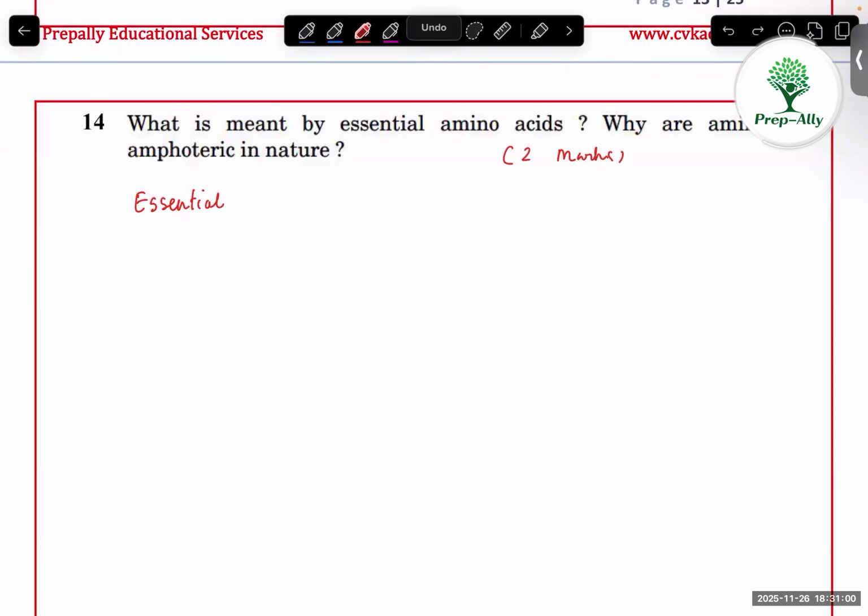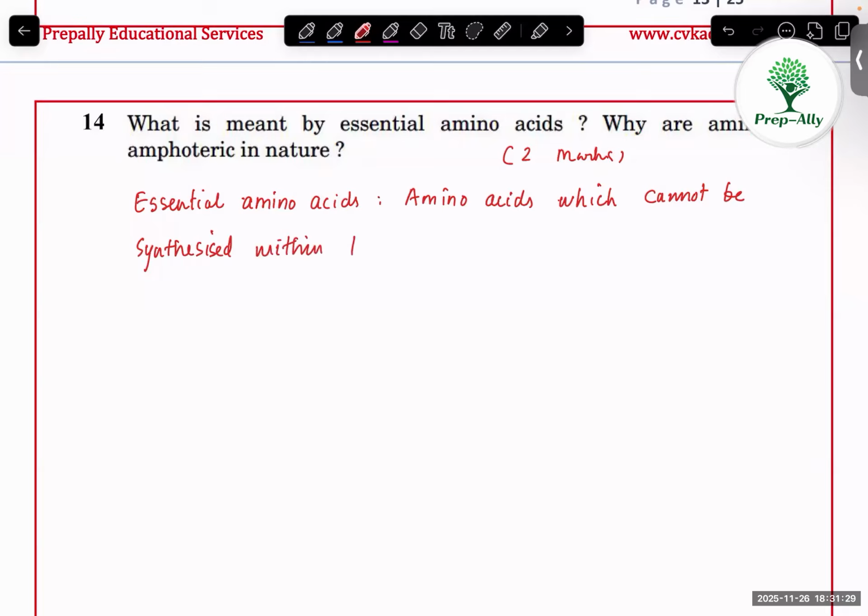Essential amino acids are amino acids which cannot be synthesized within the body and need to be supplied through diet.